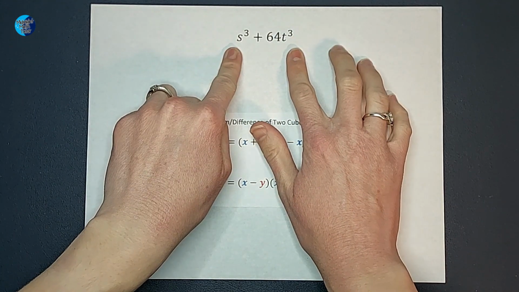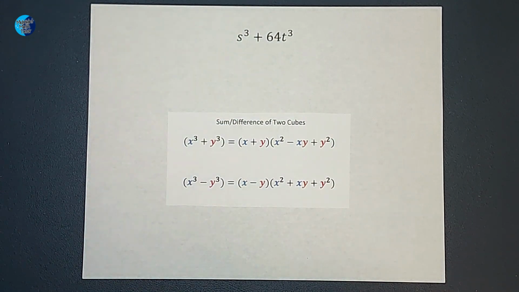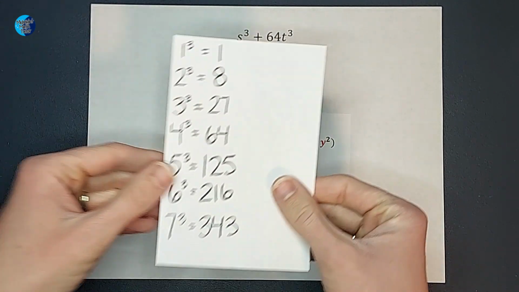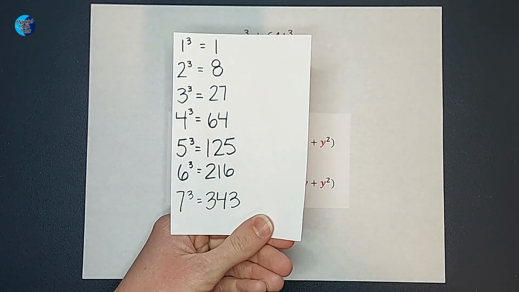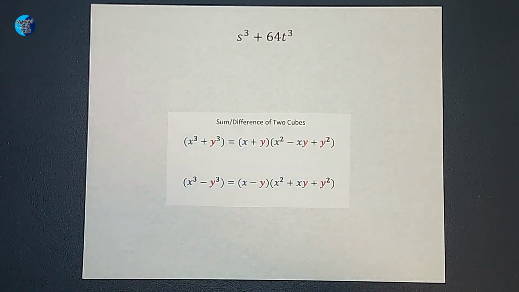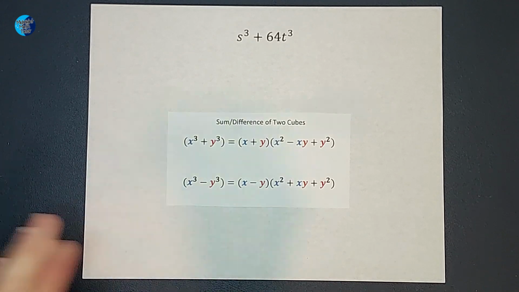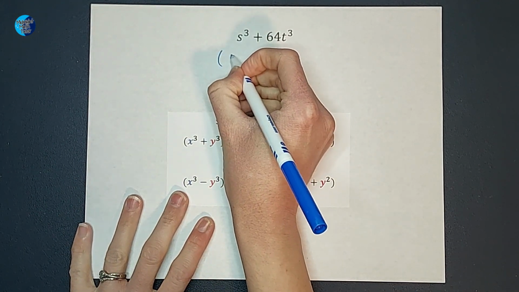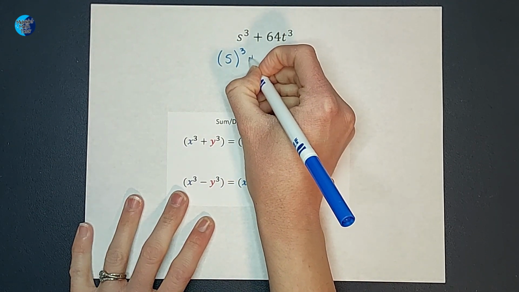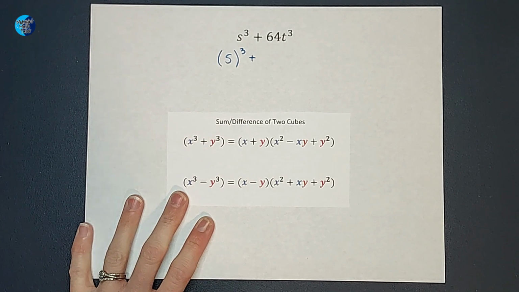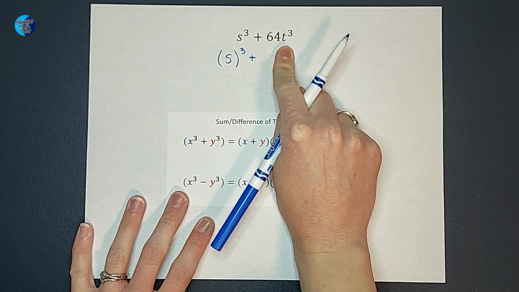So we are close here. I've got s cubed and t cubed, but what about 64? Is that a perfect cube? I have my nice little list here, and look, there's 64. 64 is 4 cubed. All right, so I can rewrite this problem using parentheses as s cubed, okay, that's fair, plus, remember we said 4 cubed is 64, and t cubed is going to give me t cubed.